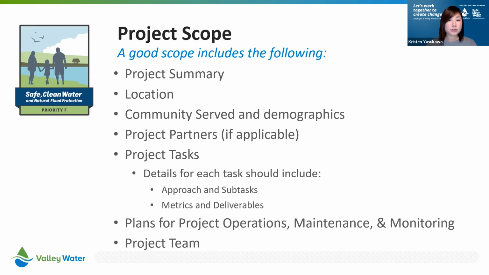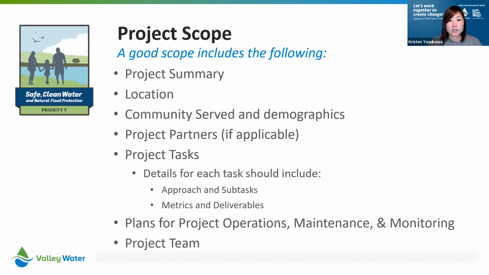So we do also recommend that you try to keep the tasks as simple as possible. And then in the task description, in their metrics and the deliverables, include more detail. But it's better to have maybe 5 broader tasks or 3 broader tasks than it is to have 20 tasks, just for the simplicity of it.